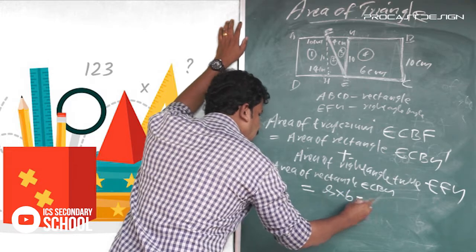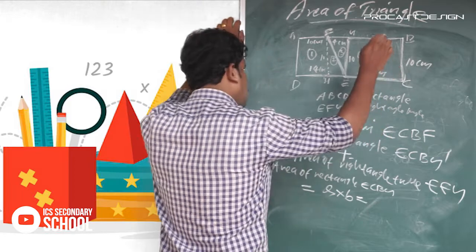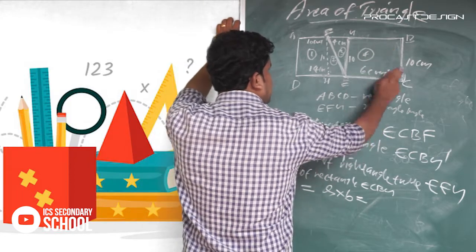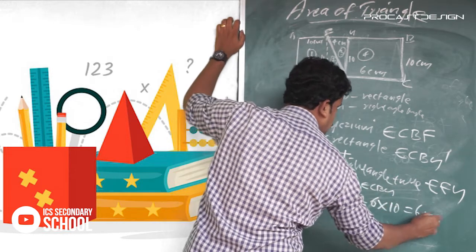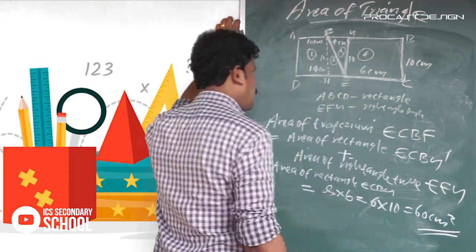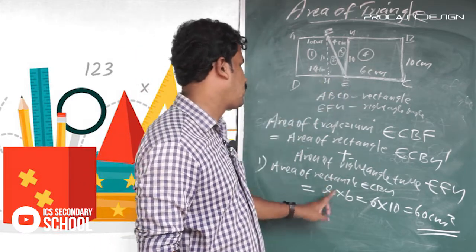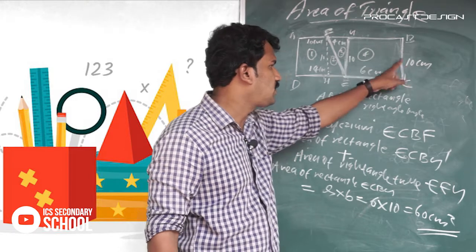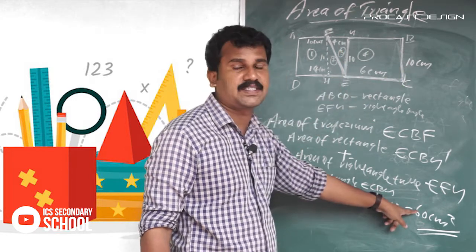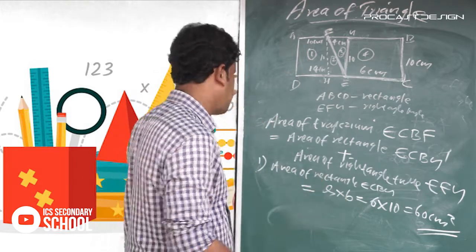Here breadth is 6 cm and length is 10 cm, that is 6 into 10, that is 60 cm square. That is the area of rectangle ECBG.